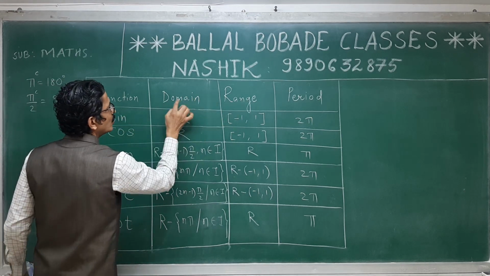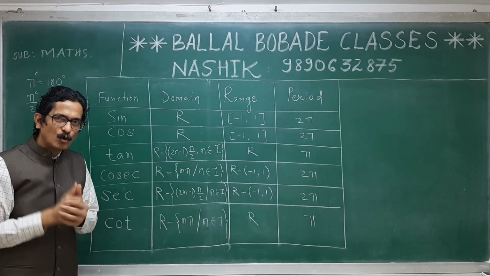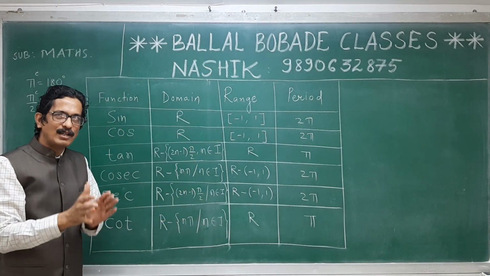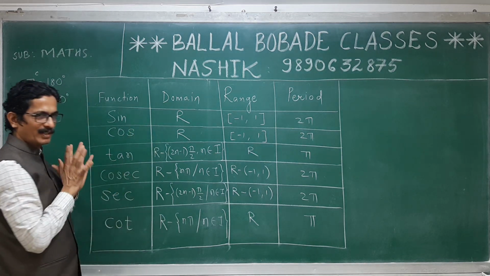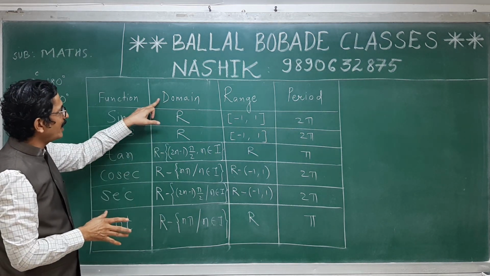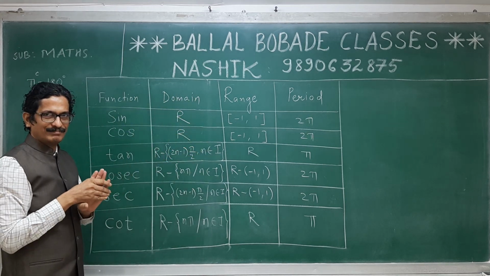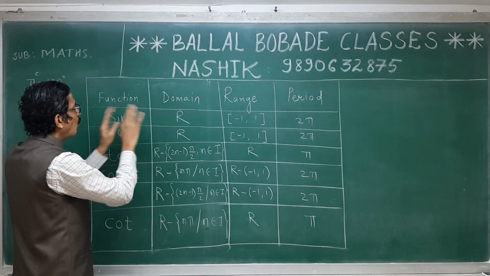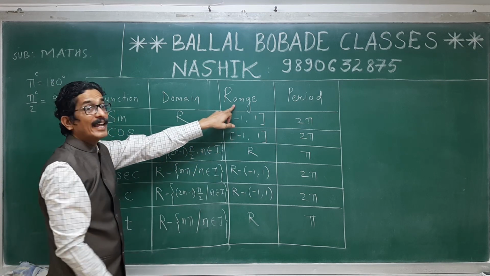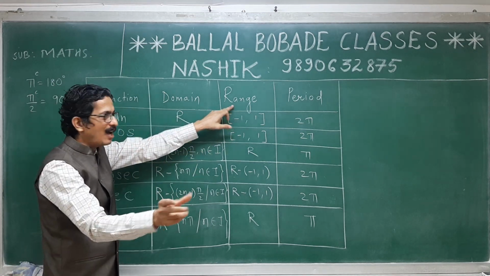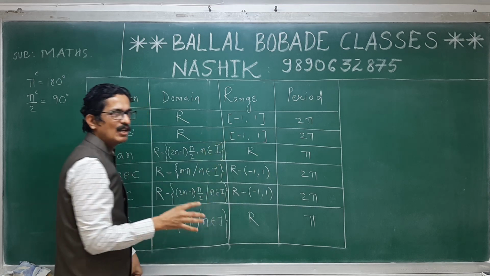Here something is written called domain and range. What do you mean by domain? Domain is the value that theta can accept. Theta can accept for sine any real number. Anything you can put in. Once you put in any number, the answer you get is called the range. So sine theta lies between -1 and 1.